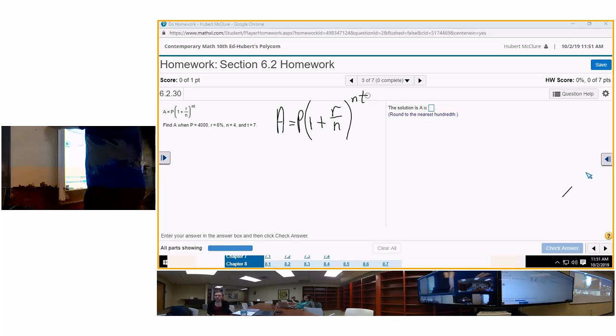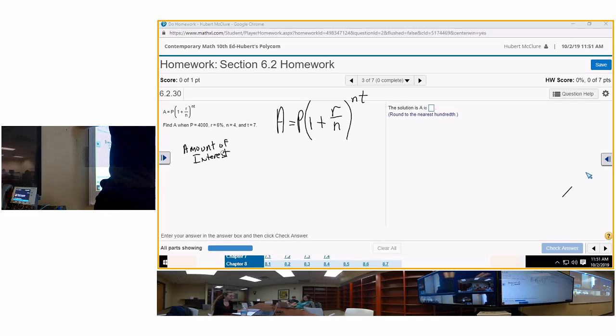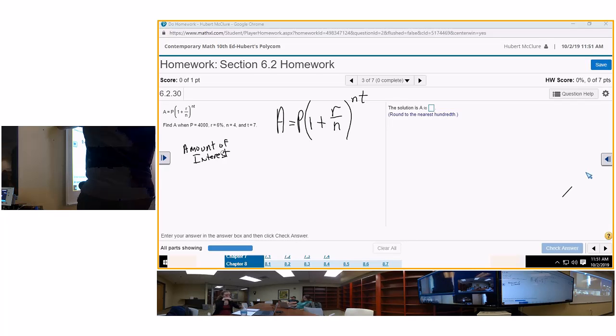A is the amount of interest paid. Now, the reason I'm telling you about this, I don't tell you about all formulas. This is what all your banking interest is based on. A certain derivative of this formula. It's called compound interest. So this is one that you need to learn, not just for school, but for real life.